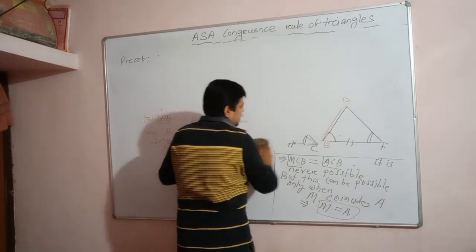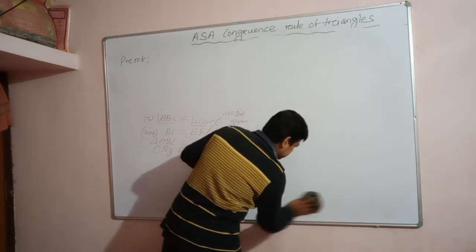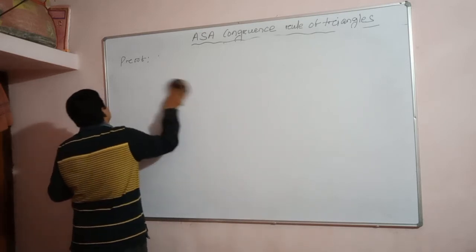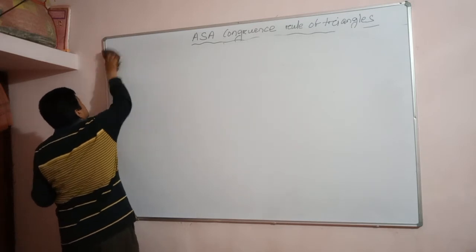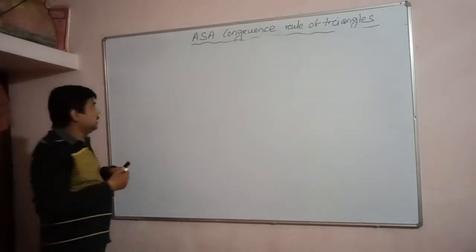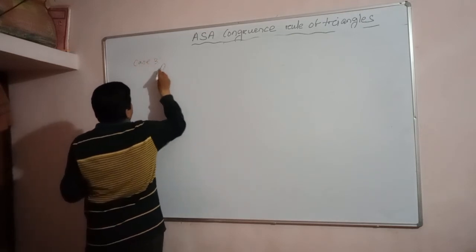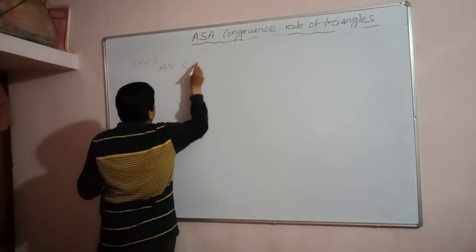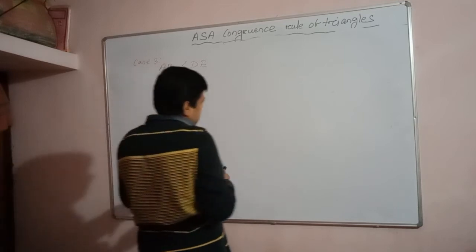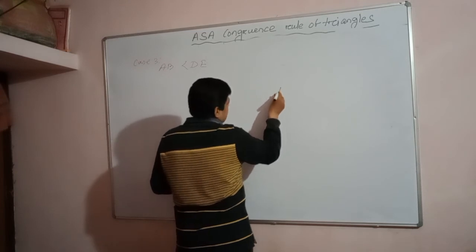Let us see third case. In case 3, it is saying AB is less than D. If AB is less than D, similar process actually, and it is given that AB is less than D.